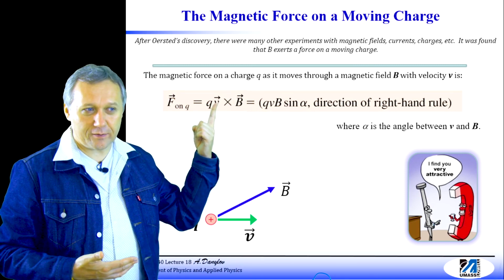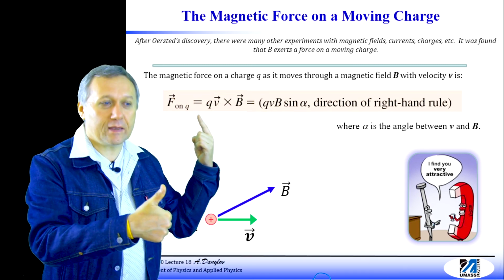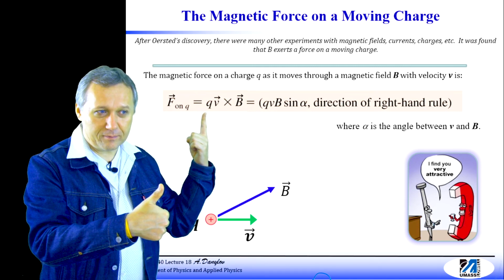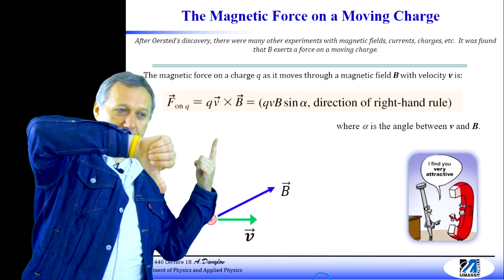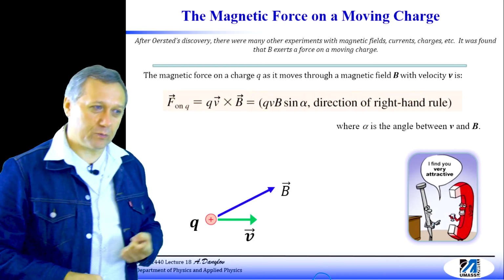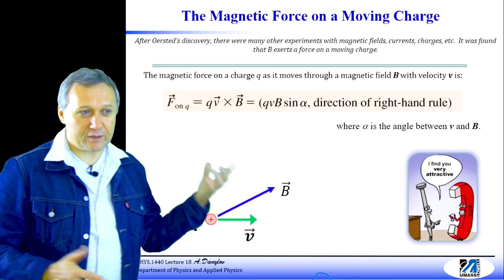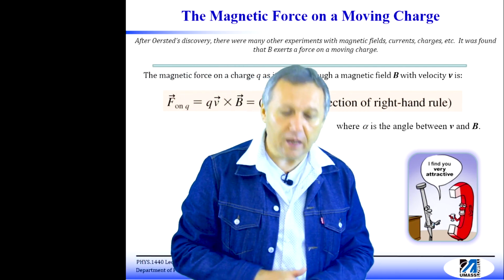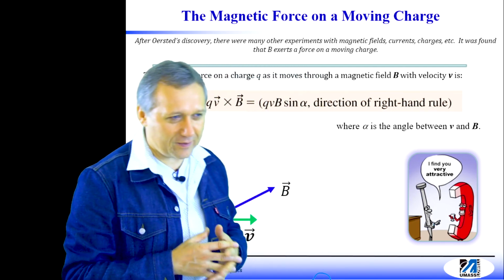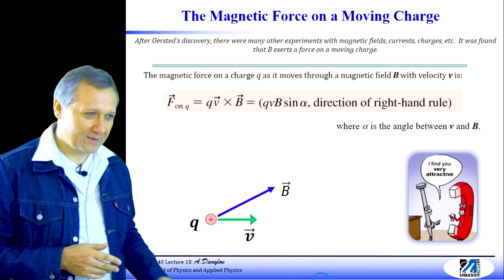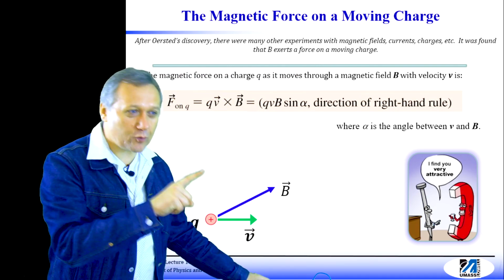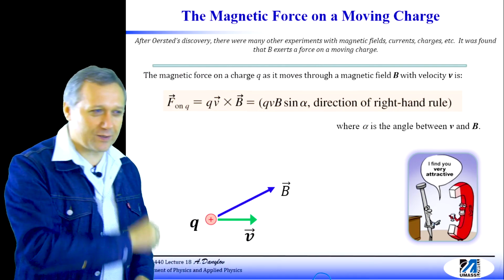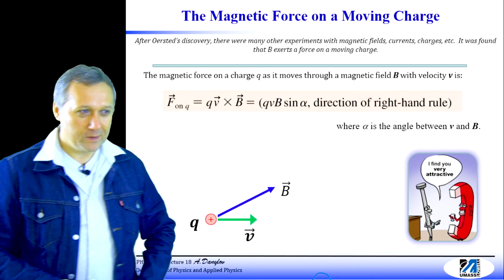So first you find the direction of the cross product v cross B, and then if charge is negative, you need to flip that direction to the opposite one, because the minus sign of the charge changes the direction of the force. It's better to say it this way.